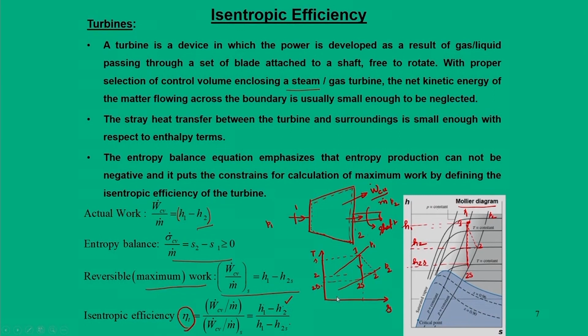Now, if we use the gas turbine, H can be represented as Cp times T. For a gas, you can write H equals Cp times T. Now, if you use that, instead of Mollier diagrams, we can directly use the temperature-entropy diagrams as I have explained.